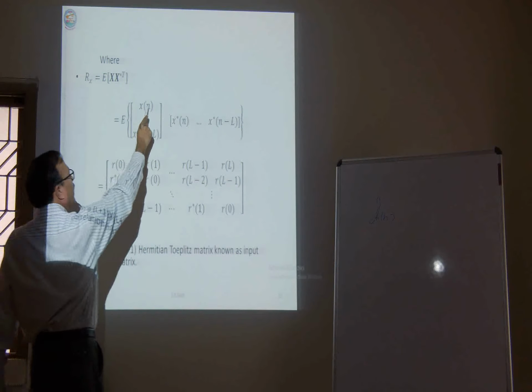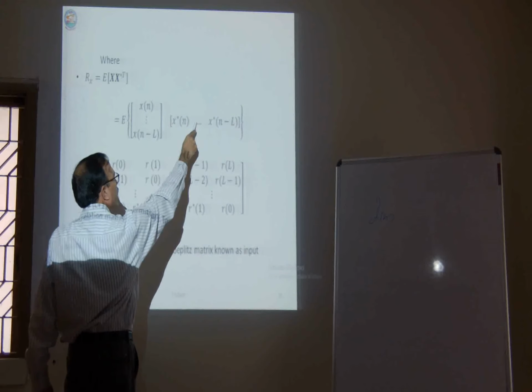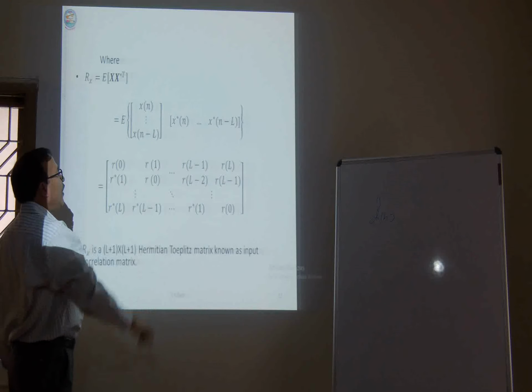And when we multiply Xn with X complex conjugate n minus 1, it gives R1.